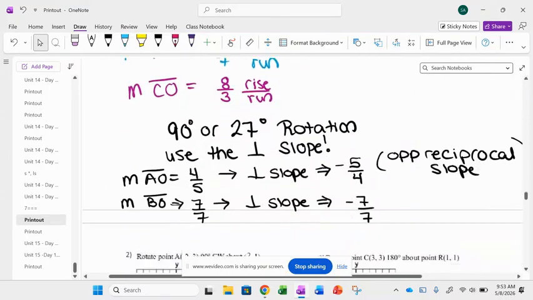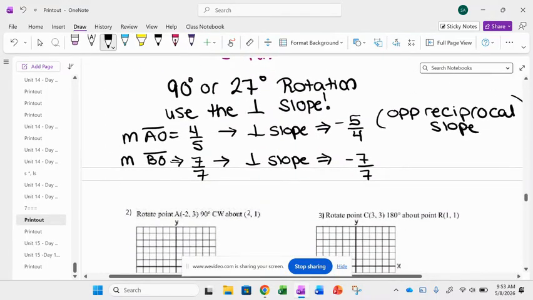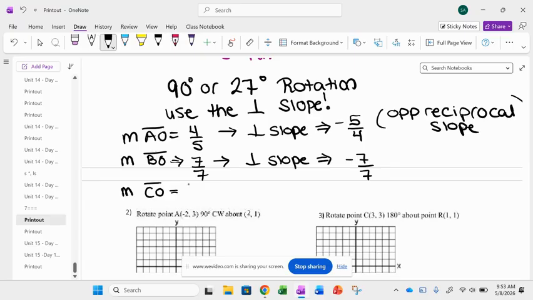Last one for the 90-degree rotation. My slope for CO is 8 over 3. Can somebody tell me what is the perpendicular slope of 8 over 3? Patrice? Negative 3 over 8.